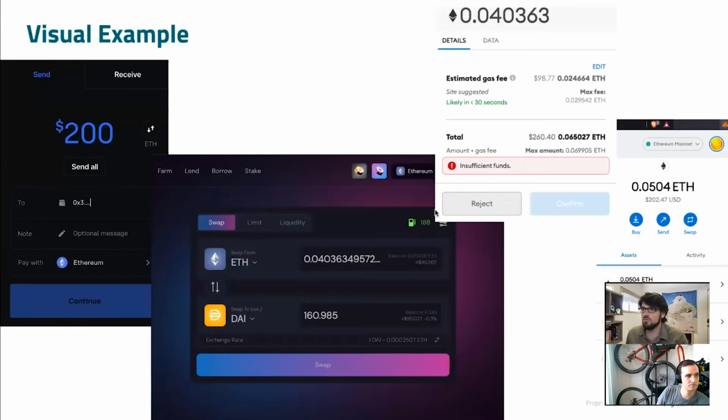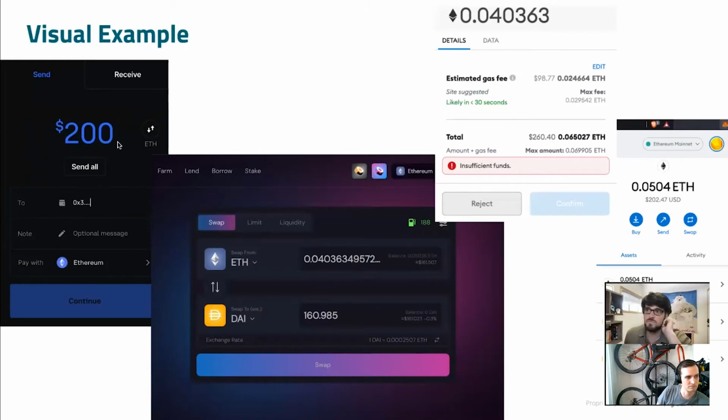So walking through a visual example of getting involved in the Web3 space, let's say this on the left side here is Coinbase. I've got some money in Ethereum in Coinbase, and I want to interact with some Web3 applications, and I want to use my Ethereum.